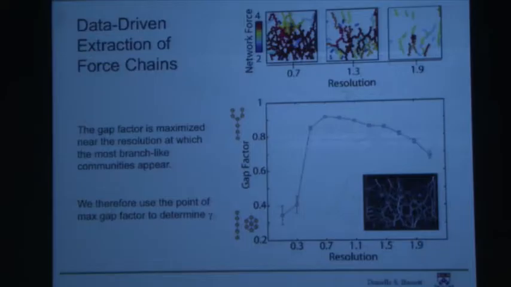How specific is that going to be to the packing, to the system? Yeah, that's a good question. A little bit is the answer. It is fairly consistent over pressures of the same kind of system, and it is roughly similar between laboratory packings from Danielle's group and frictionless simulated packings from Lisa Manning's group.